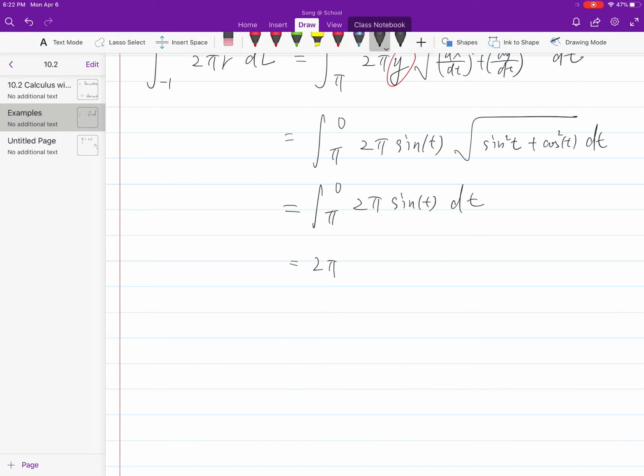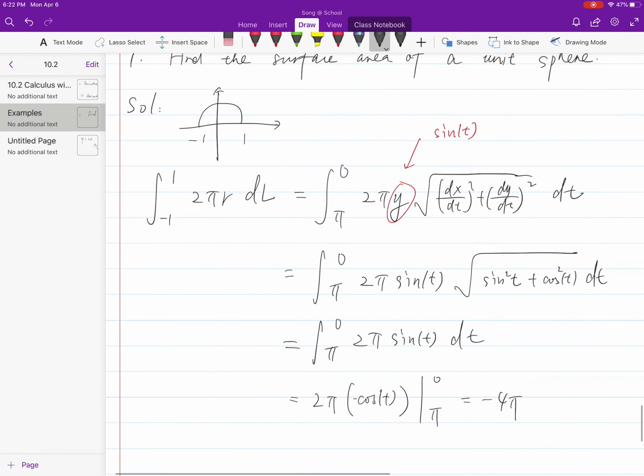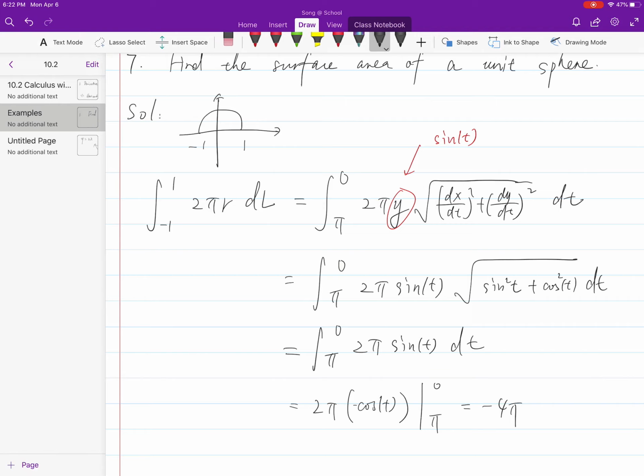Perhaps I don't do it, but what did I do wrong? 2 pi sine t, cosine t was a negative, but then you plug in 0 and pi. Somehow I got negative 4 pi, and the answer should be positive 4 pi. Somewhere I screwed up. Hmm. 2 pi r dl. Your r is 1.